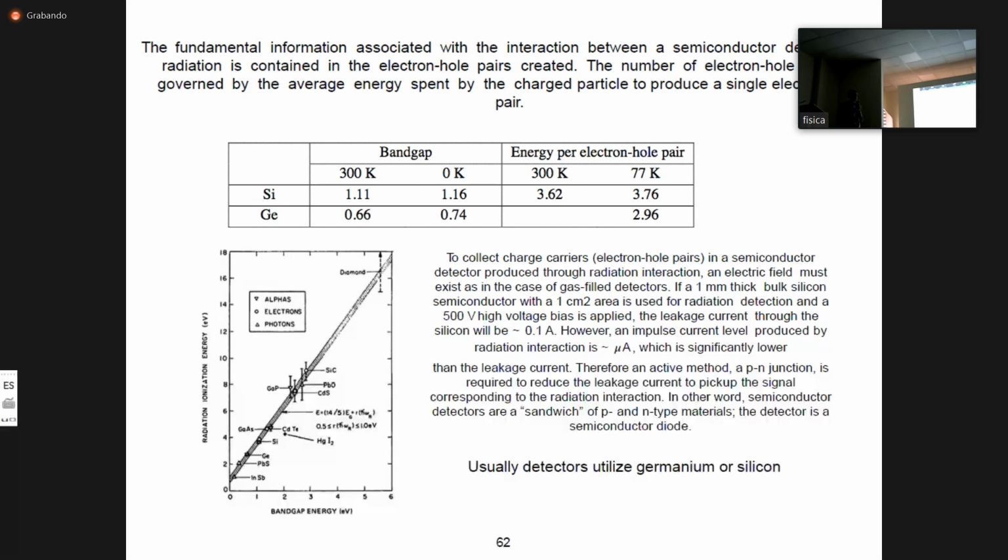When you have more charge carriers, you have a stronger signal, and this stronger signal allows you to get excellent energy resolution, in order to distinguish between gamma ray sources and give separate gamma ray lines.